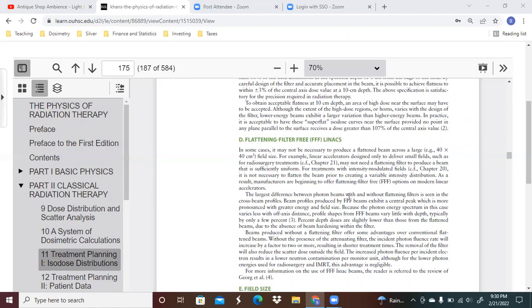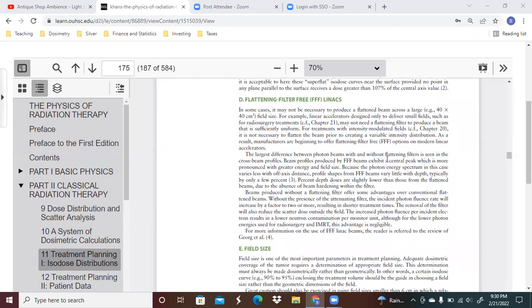For treatments with intensity modulated fields, IMRT, it is not necessary to flatten the beam prior to creating a variable intensity distribution. So as a result, manufacturers are beginning to offer the FFF options on modern linear accelerators, and you will see this going forward if you haven't seen it already.